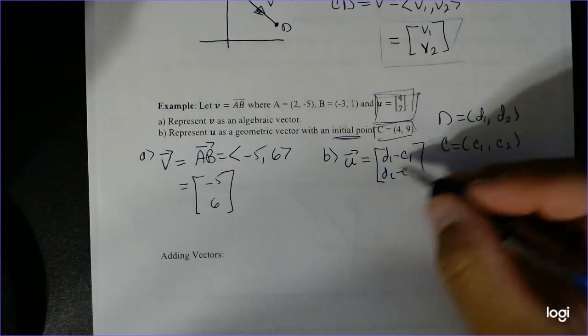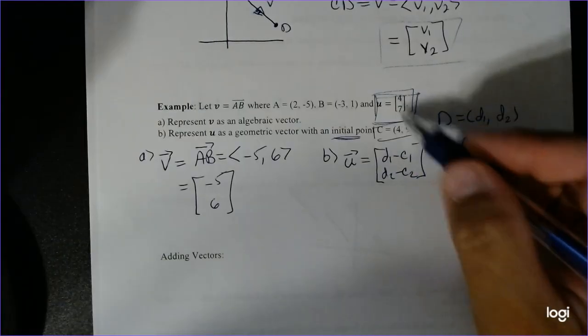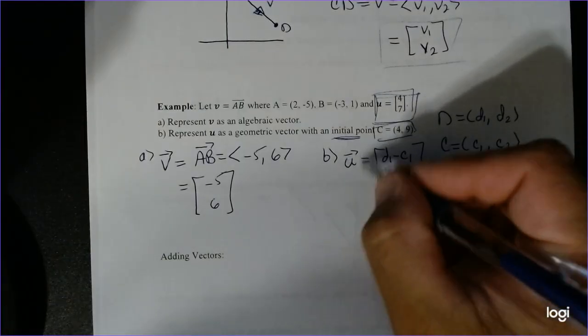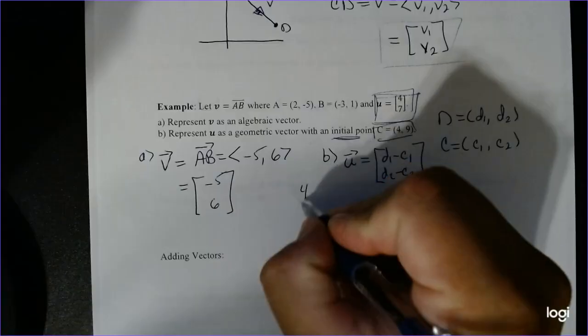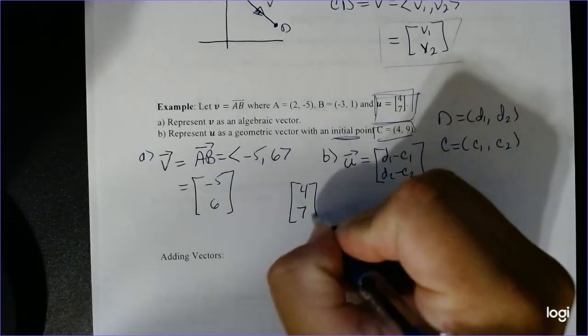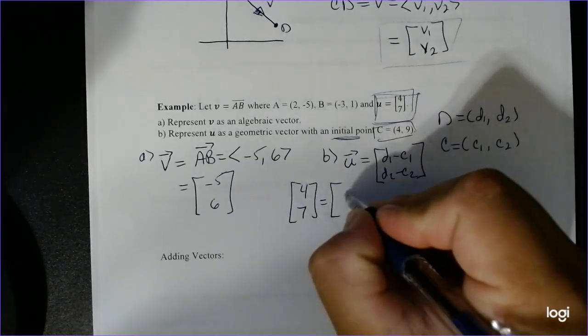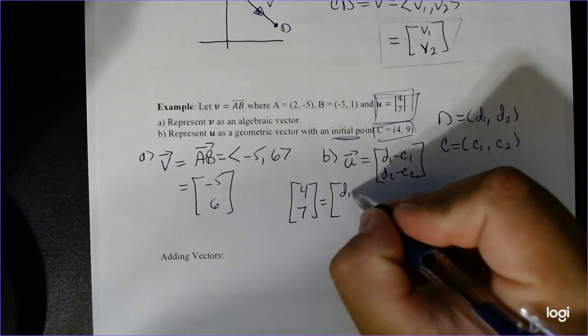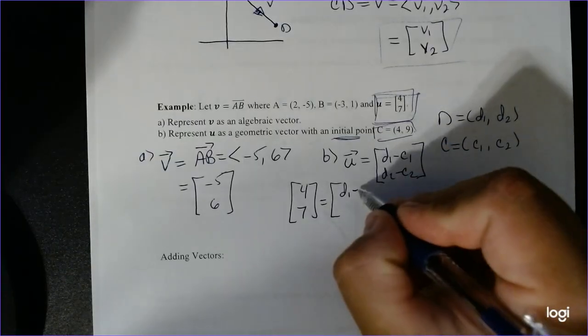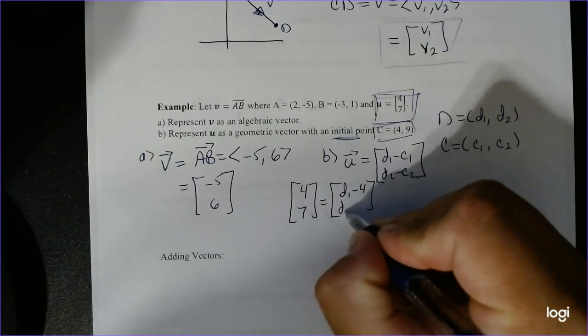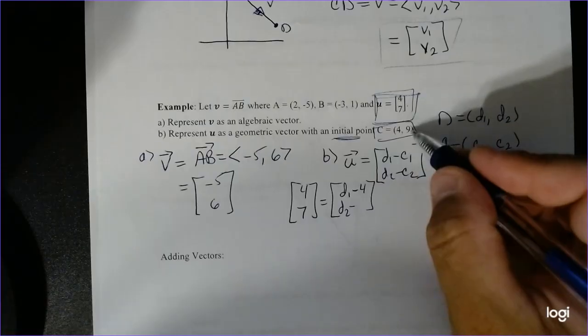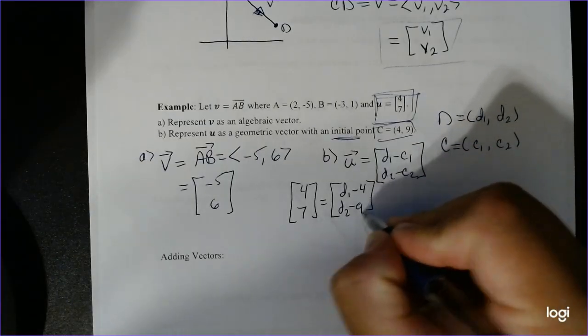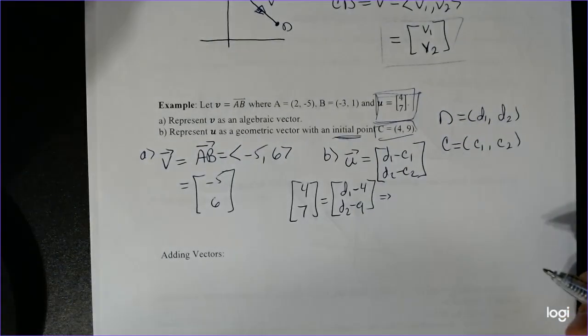Okay. So if I follow this process and now use the numbers we're given, where vector U is given to be 4, 7, it is equal to D1 minus C1, which is 4 in this case, and D2 minus C2, which is 9. Now we can solve for each individual component, right?